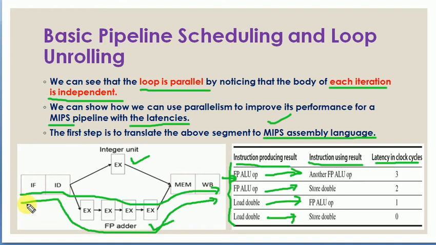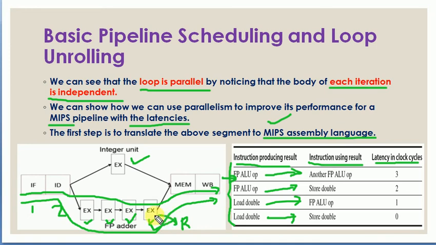So one floating point ALU operation will produce a result, and that result will be utilized by the second ALU operation. So this is the order of the first ALU operation: instruction fetch, then instruction decode, then it will go through instruction execute, first stage, second stage, third stage, fourth stage, and here it will be actually producing the result.